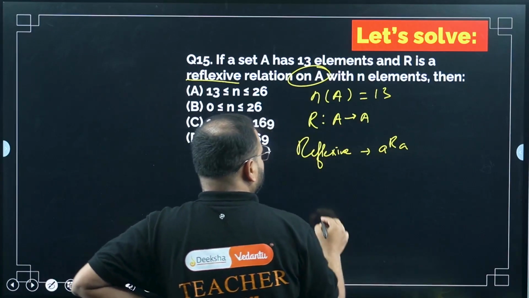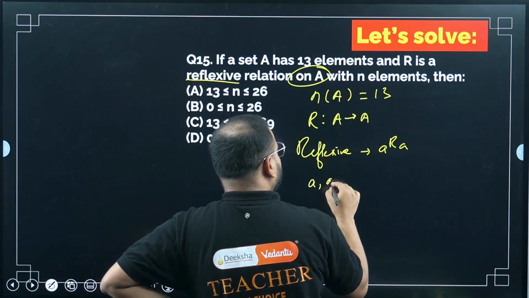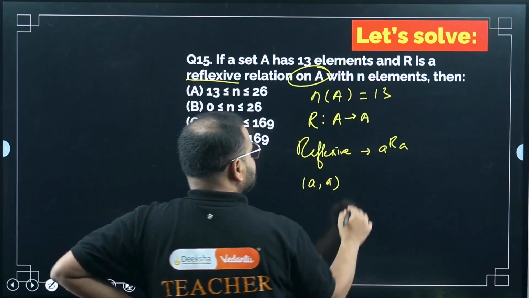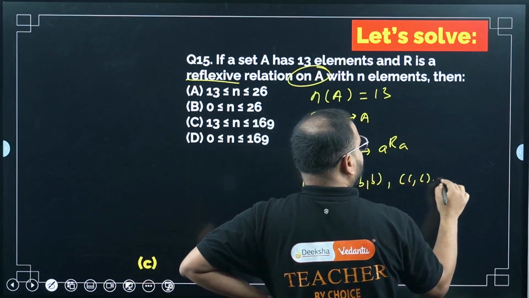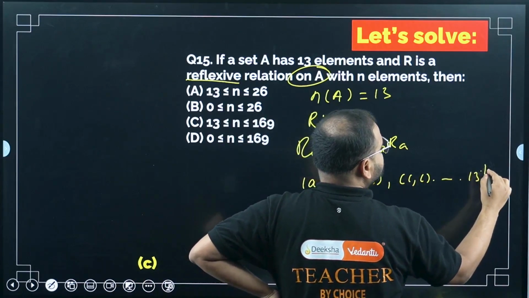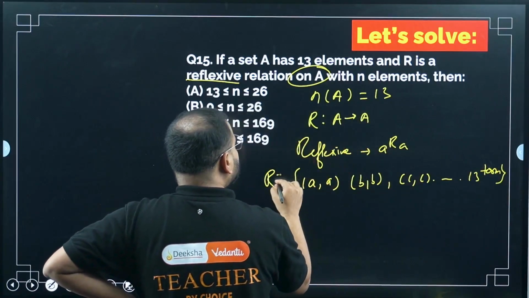So first element A will come with A. That's also reflexive. Second will be B with B, C with C, and so on till 13 terms. Correct, right? This will be my relation. So minimum this has to be true.